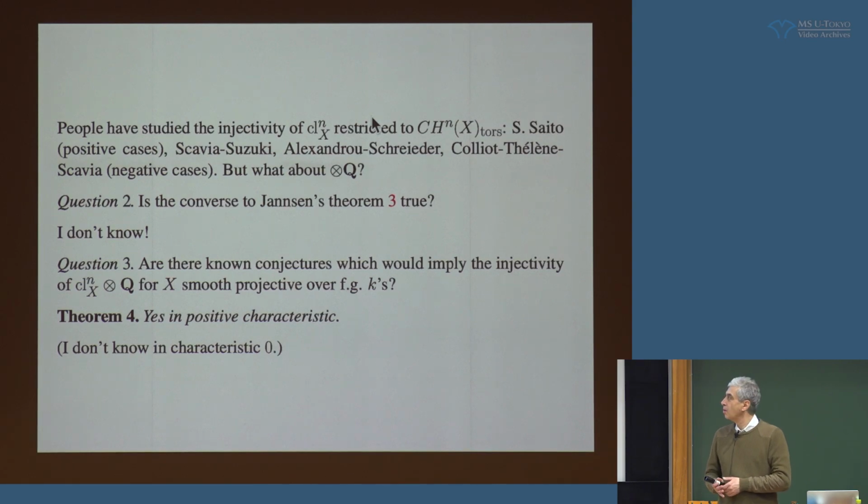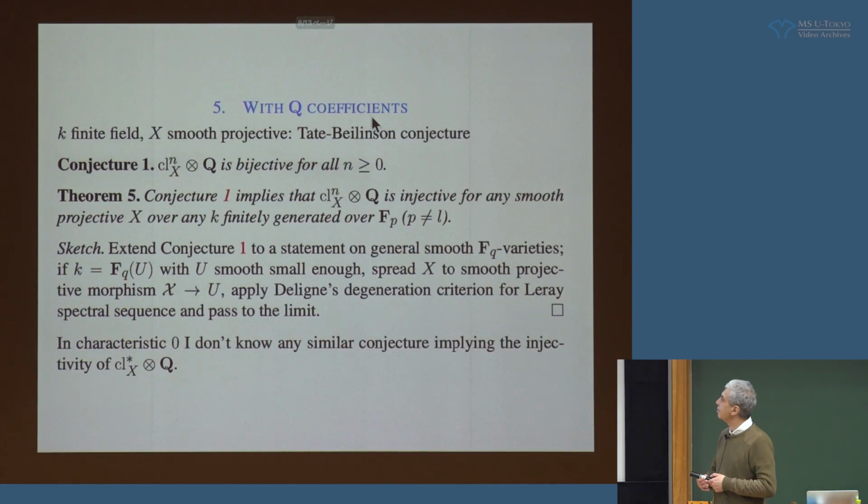So that's what I tried to do. And that's this third question here. Are there some conjectures which are known which would imply the injectivity tensor Q? And the answer is yes in positive characteristic, but in characteristic 0, I don't know any such conjecture. So I'm going to explain that.